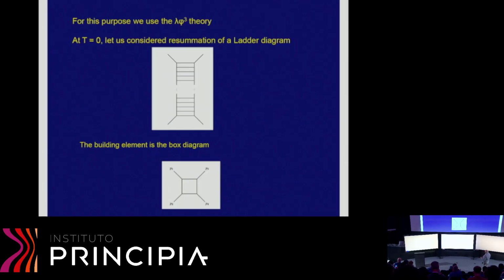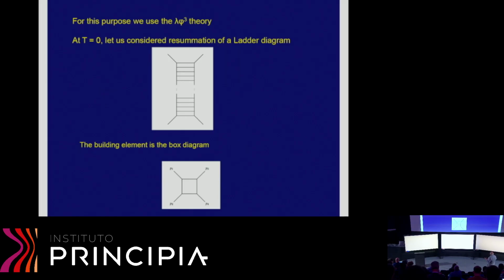Let us continue. Let me present the kind of things people have done. We will play around with the lambda phi cubed model. Let us consider this model, and we will focus on these ladder diagrams, yes?